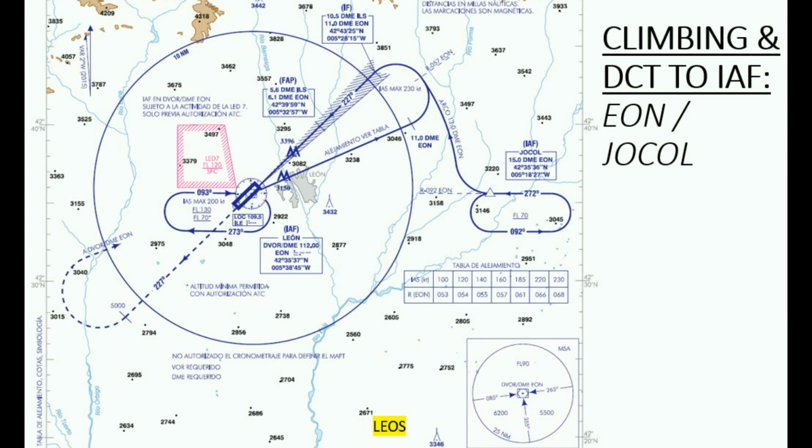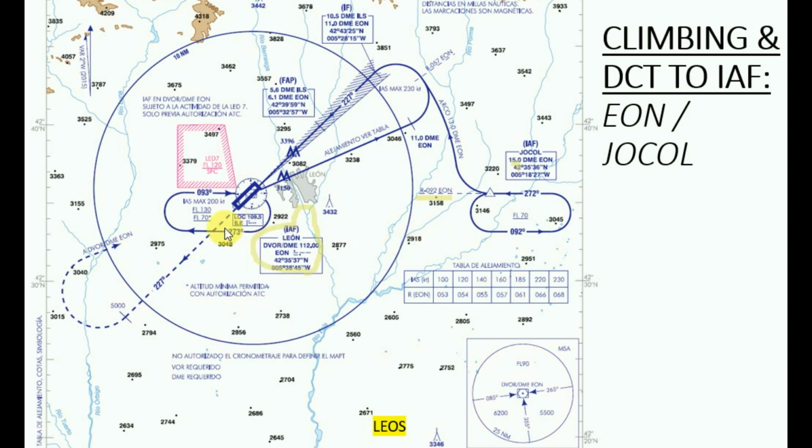Okay, so we need to take into account that Leon's airport chart has two initial approach fixes. One is the Echo Oscar November VOR, frequency 112.0, and another one is a fix called Hokol, which is based on the radial 092 and DME 15 from the Echo Oscar November VOR as well.